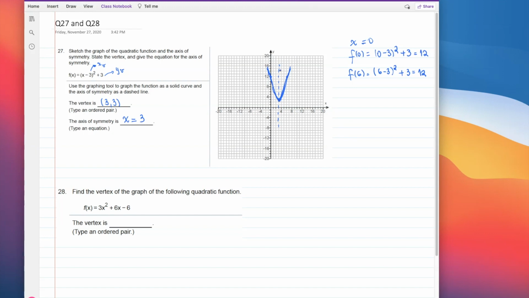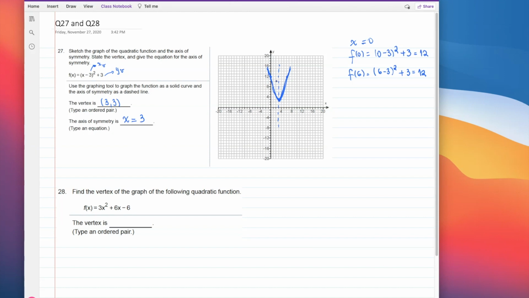And the purpose of this imaginary vertical line is to show that it splits the parabola into two congruent pieces. This right side is congruent, the same in form and shape, as this one here. And then that's it.